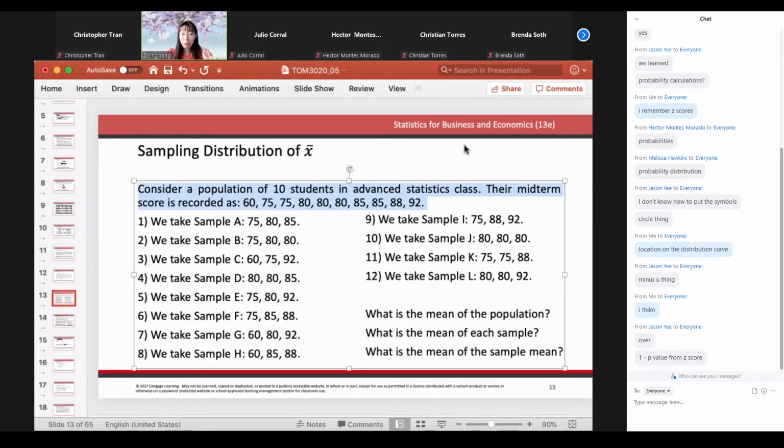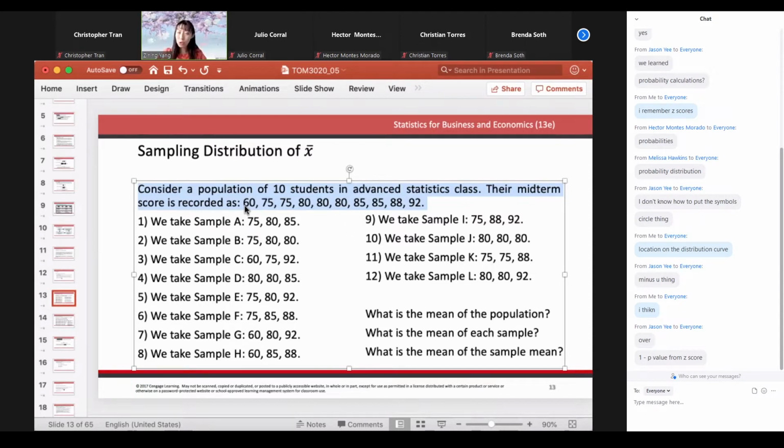Here we have a population of 10 students in an advanced statistics class. So it's a pretty small class, only 10 students. Their midterm exam scores are listed here. So we have the 10 numbers.